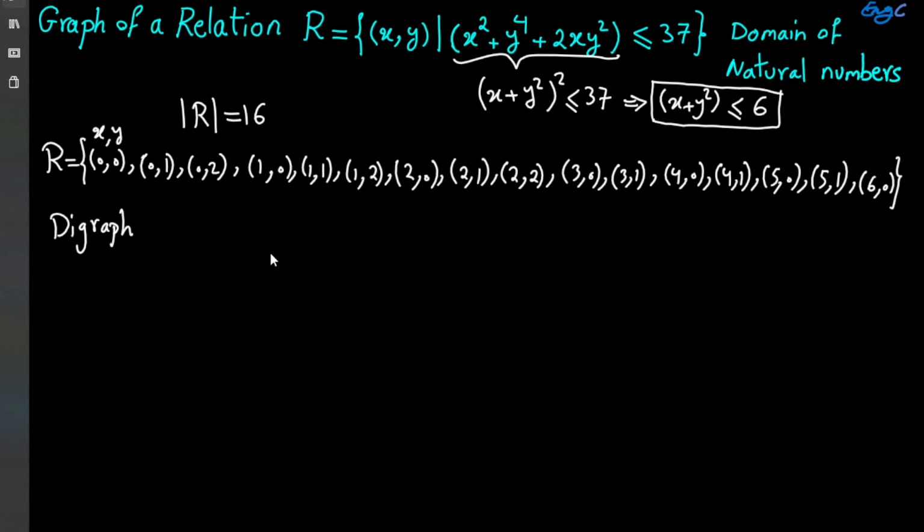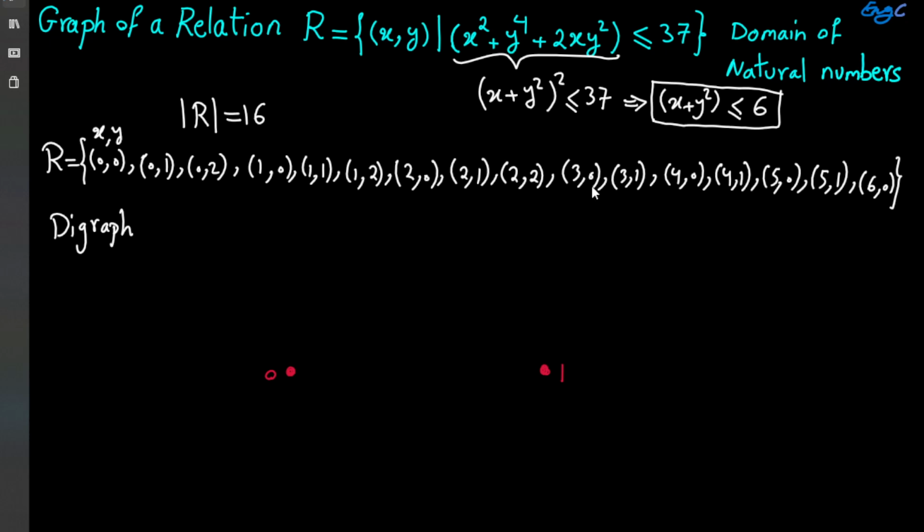For the sake of better illustration, I am going to use the red color to represent my vertices. Let's say this is 0, and this is 1, and of course we have 2, 3, 4, 5. Let's distribute them around.